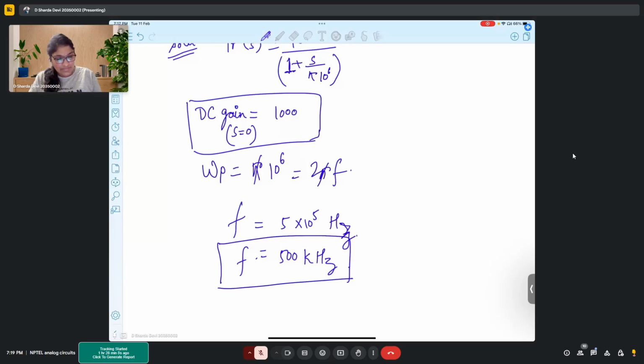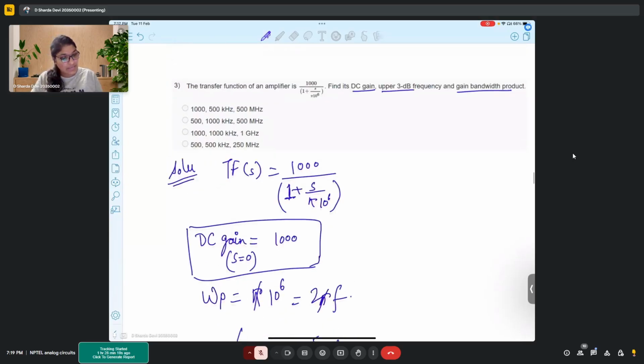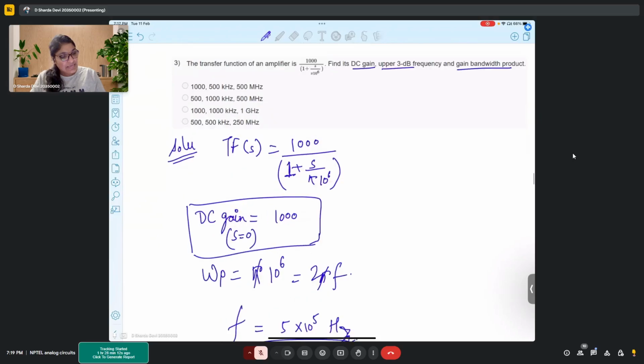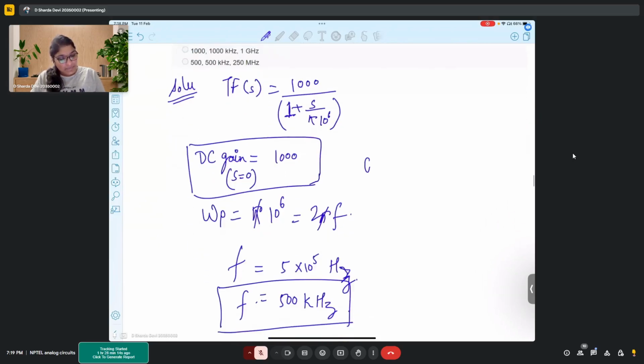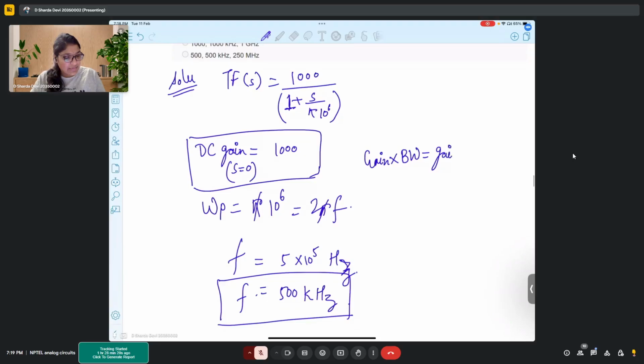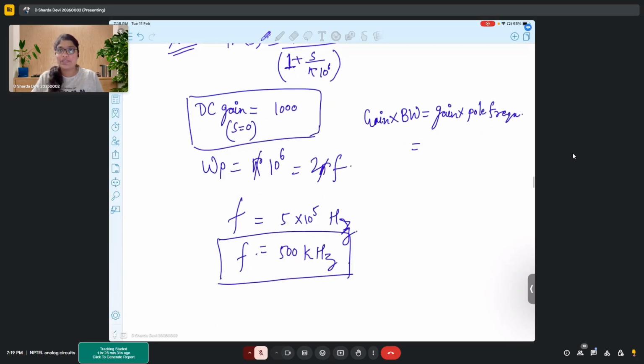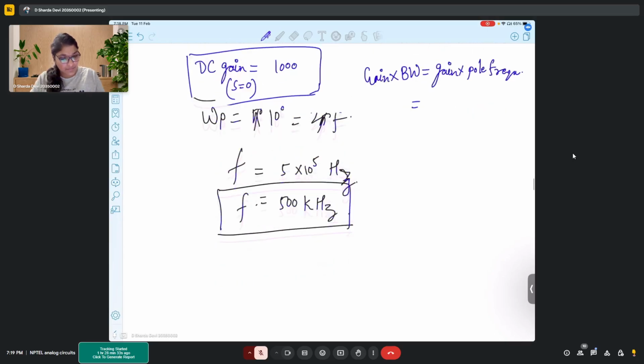So you got DC gain, you got frequency. What is asked is gain bandwidth product. Gain bandwidth product is nothing but gain into pole frequency. So whatever is the gain, multiply with pole frequency, you'll get the gain bandwidth product.